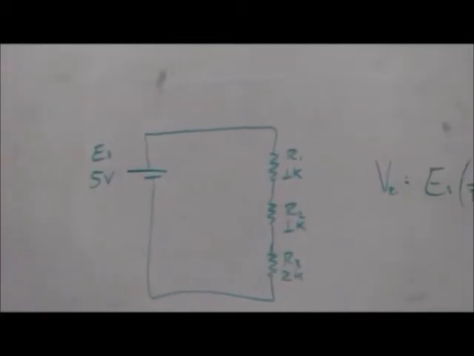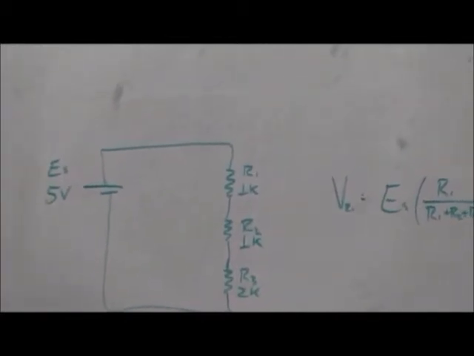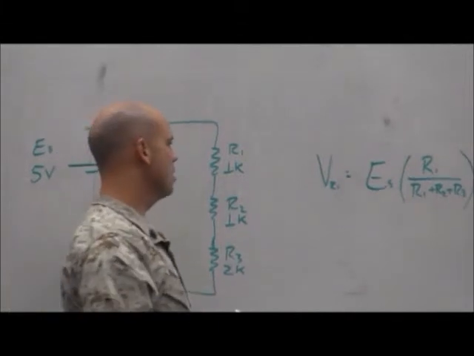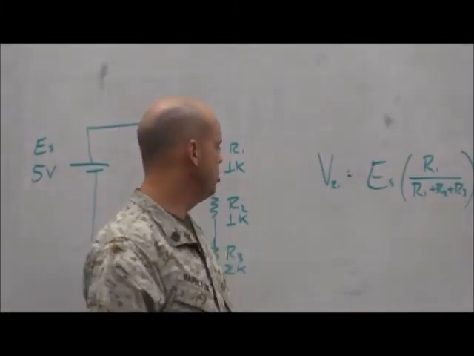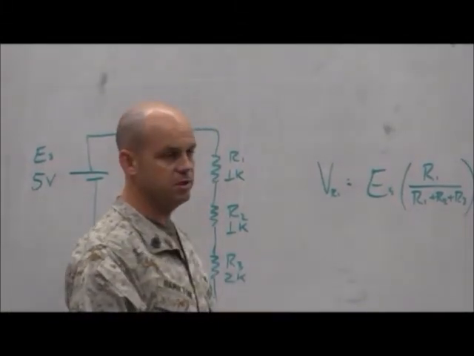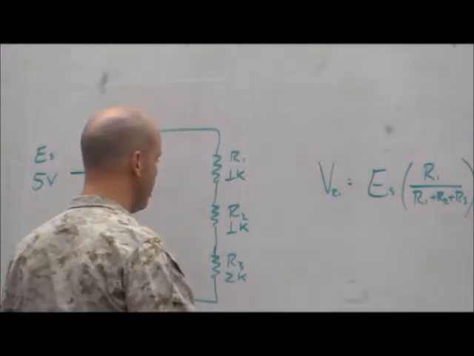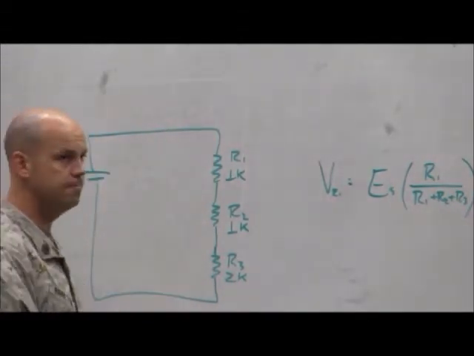Is that correct? Okay. This R1, R2, R3 is nothing more than the sum of the resistances for the loop, yes? So that would be, what, 4K?